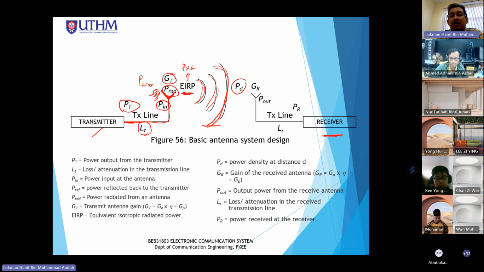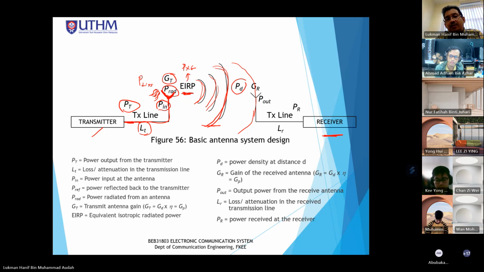We can measure how much the PD is at the receiver, the power density at the receiving antenna. How strong is the power at the receiver side? We measure it in terms of the power density, the power per unit area.